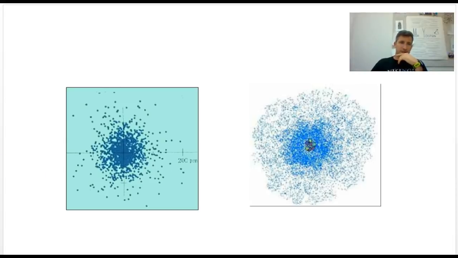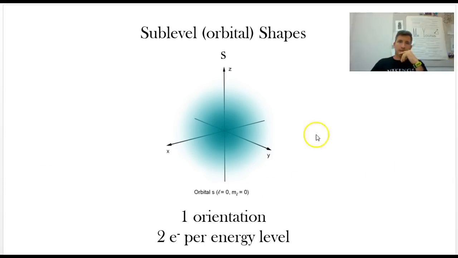And the simplest of those is in fact a spherical shape, kind of like what we just saw with the hydrogen atom. And so our first sublevel, or you could think of it as a sub-energy level, is the S-shaped orbital. And you can think of it as meaning a sphere, basically.